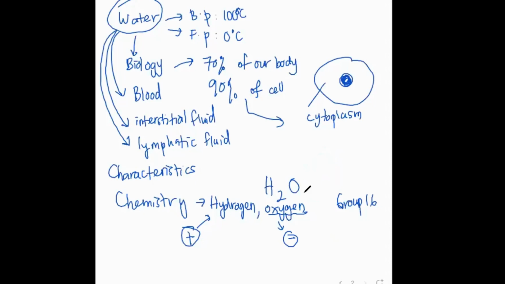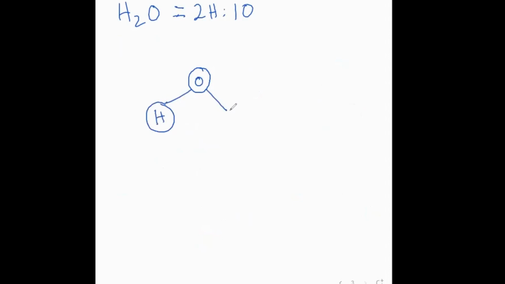So this water molecule, you know that hydrogen has a behavior of positive charge and oxygen is a negative charge. So when they join together they join in a very nice pattern. I show to you the nice pattern: as in one oxygen, H2O, meaning that I have 2 hydrogen and 1 oxygen. So this 1 oxygen joins with 2 hydrogen in a pattern like this.